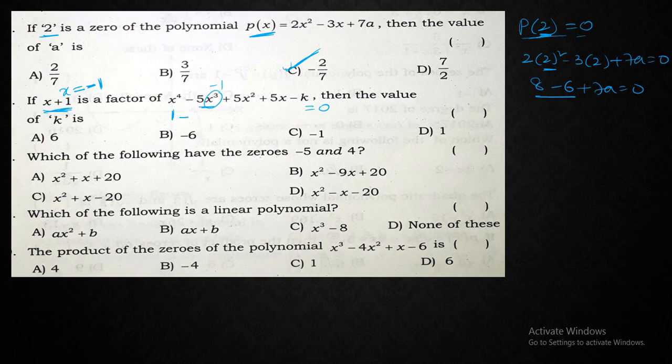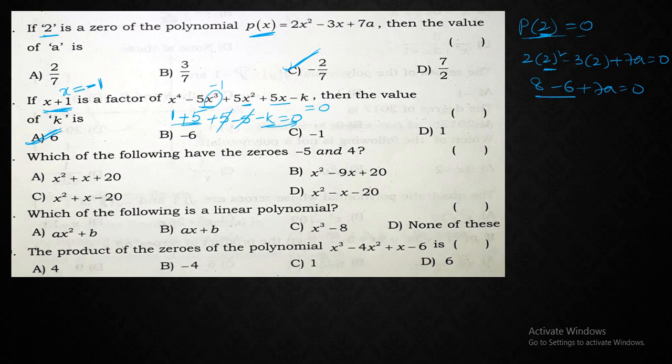So minus 5 into minus 1 is plus 5. Next, minus 1 whole square is plus 1. So 5 into 1, 5. 5 into minus 1 gives me minus 5, minus k is equal to 0. So minus 5 plus 5 gets cancelled. If I transpose this minus k to the right hand side, it becomes plus k. k is equal to plus 6. So the answer is plus 6.